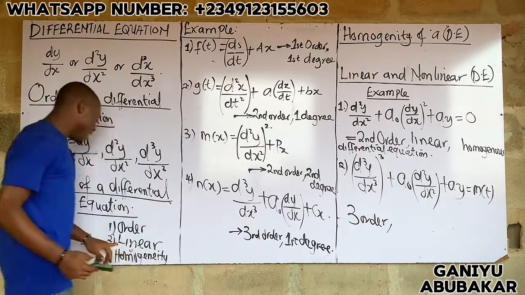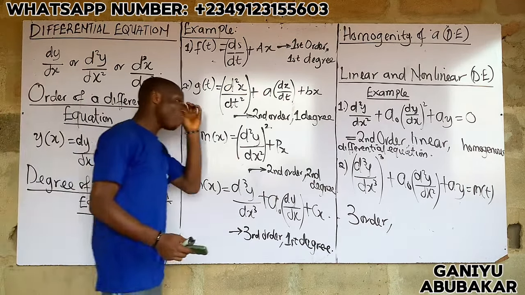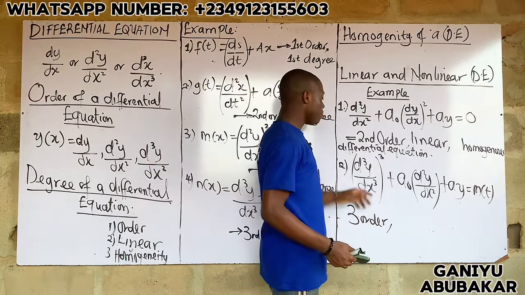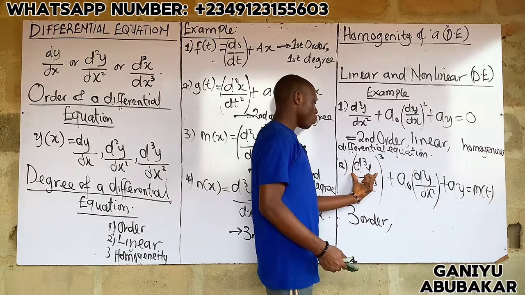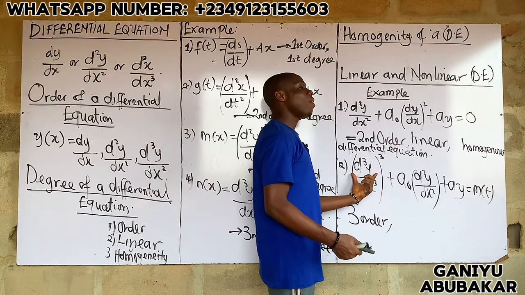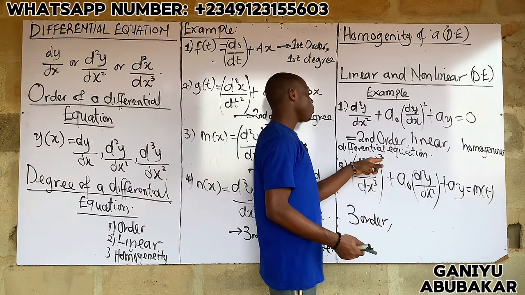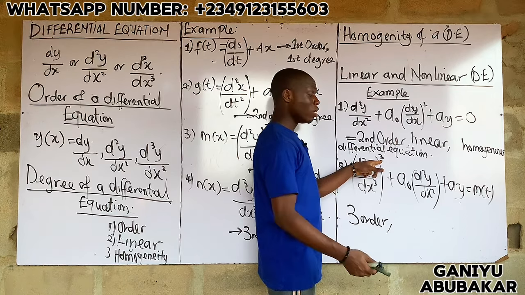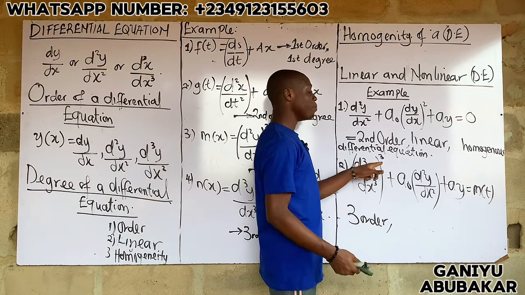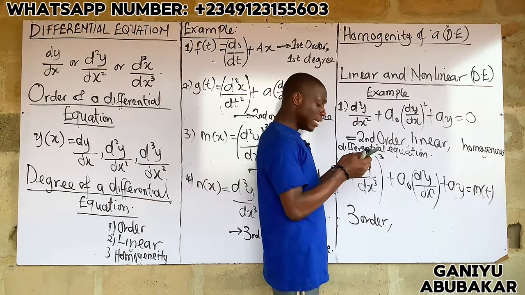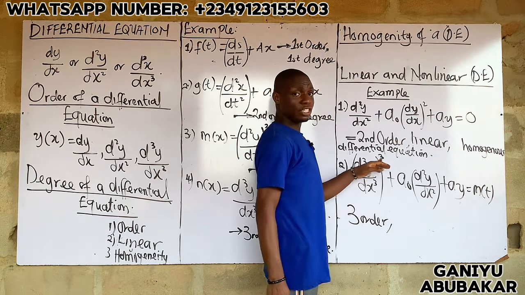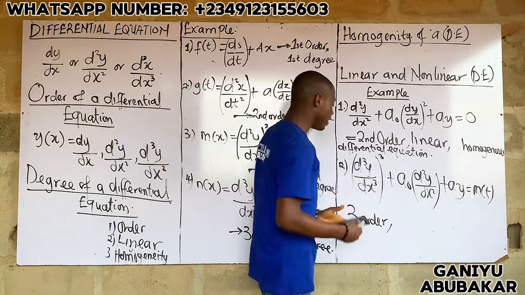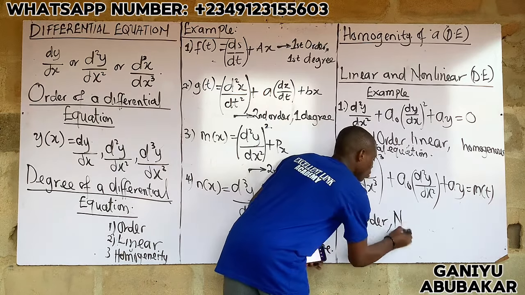Let's get the linear concept. When it comes to linear, I'm checking my highest differential coefficient, which is this one, right? The degree is simply not 1. The degree is 3 here, so it's not 1. So it's non-linear. If it was 1, it is linear, but it is not 1, it is 3, so it is non-linear.